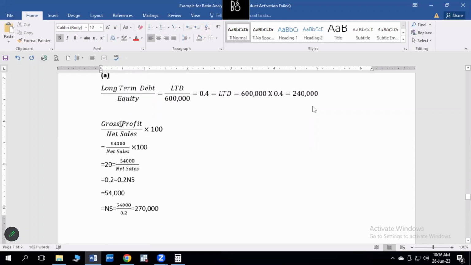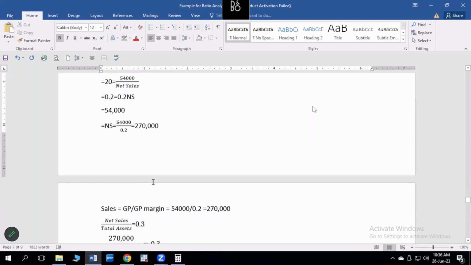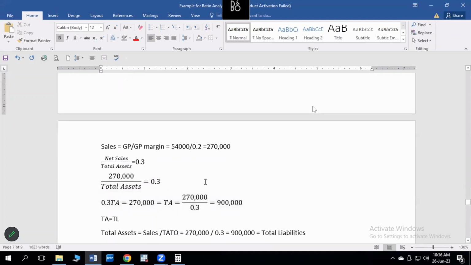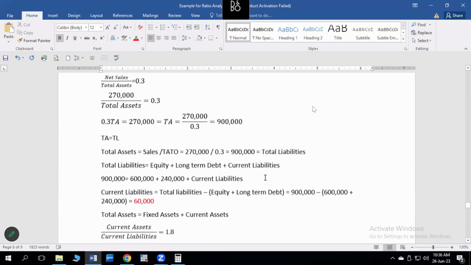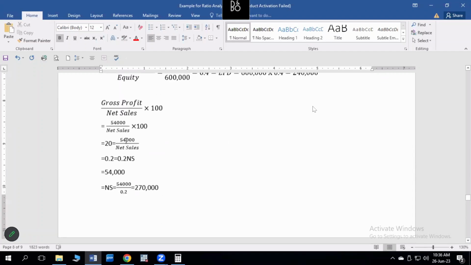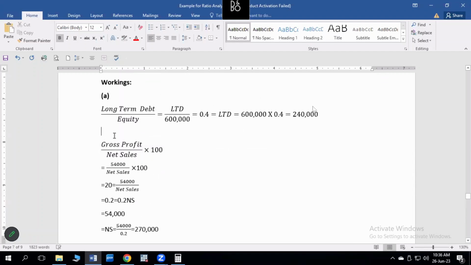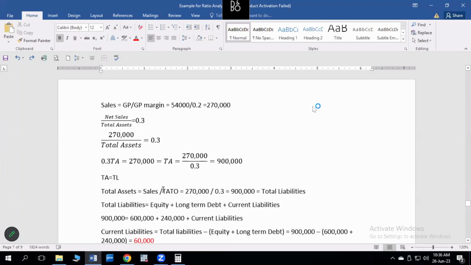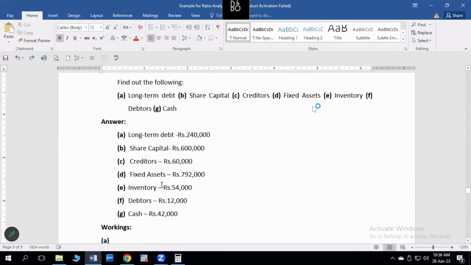Creditors, C. So this is for C. All workings for C. Then what else?